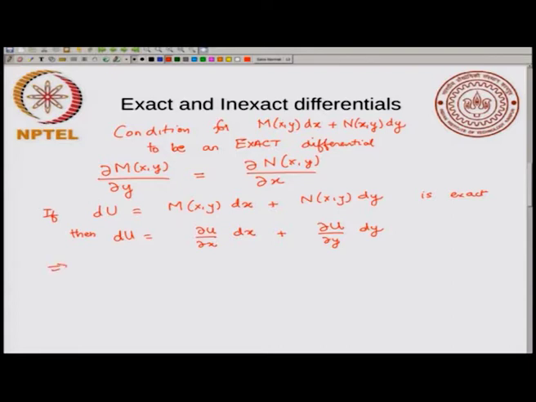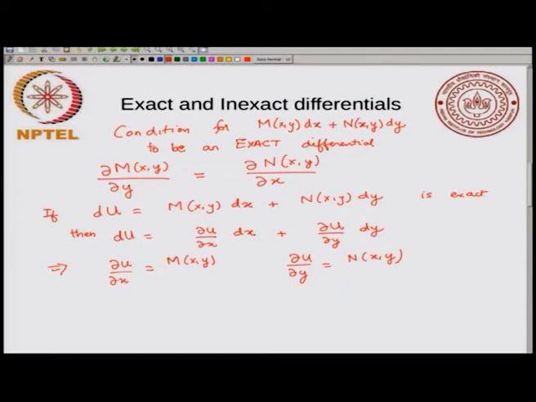So, this implies ∂u/∂x is equal to M(x,y) and ∂u/∂y is equal to N(x,y). If this were an exact differential, then this is what it really implies about M and N. Now you can see the condition.